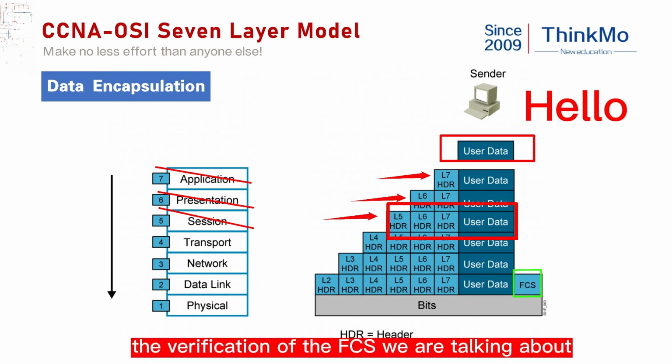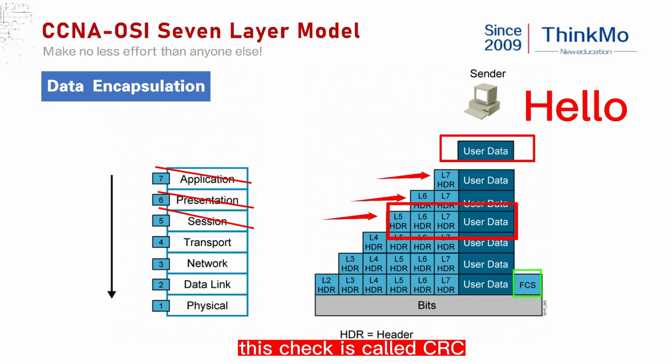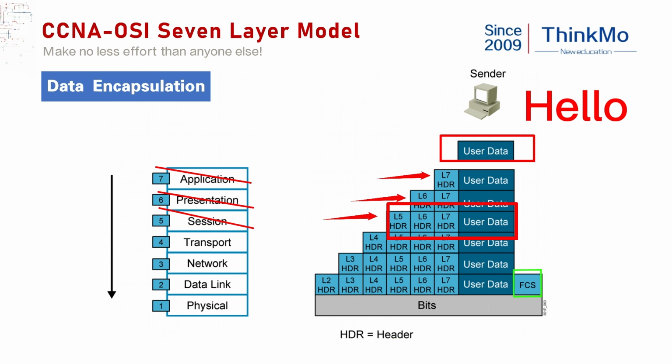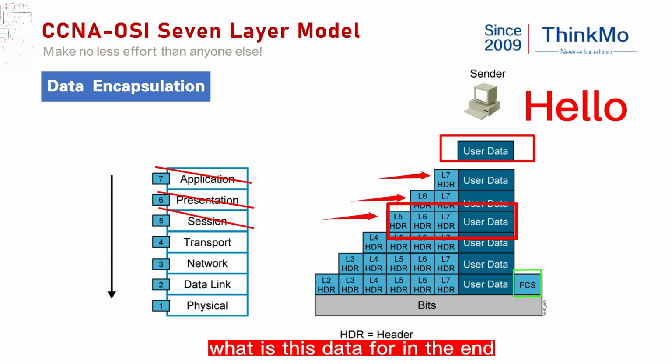This check is called CRC, cyclic redundancy check. Which part does it verify? It will check this part with an algorithm to calculate a value and fill in the FCS field. That is equivalent to encapsulating the overall header, figuring out a value and filling it in this field.